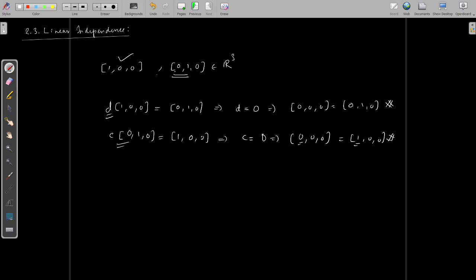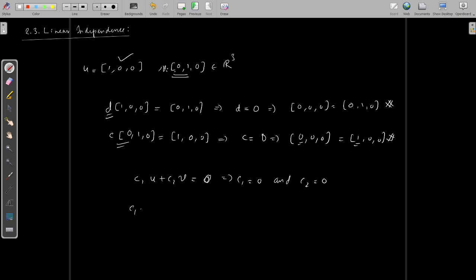Once you have these properties for two vectors u and v, you can say that whenever c1 times u plus c2 times v is equal to the 0 vector, this implies c1 equal to 0 and c2 equal to 0.